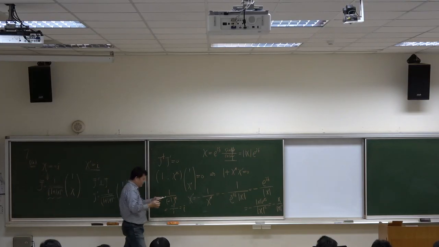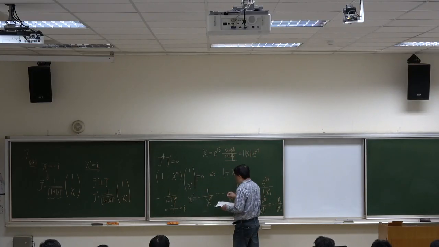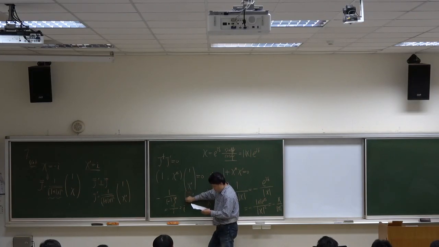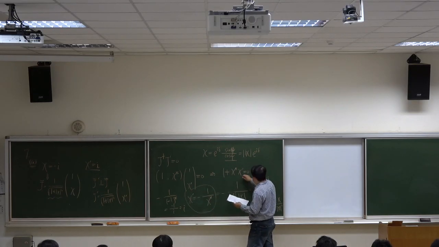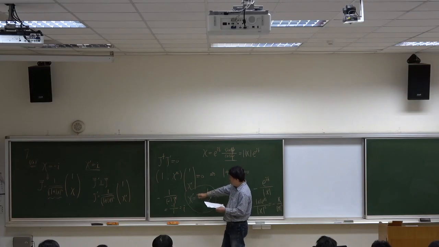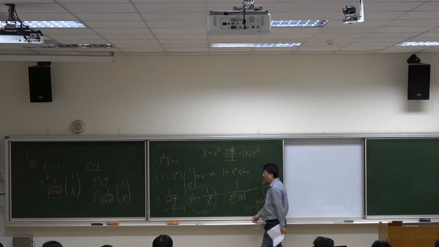And for B, the answer is this. Chi prime is equal to minus 1 over chi star.